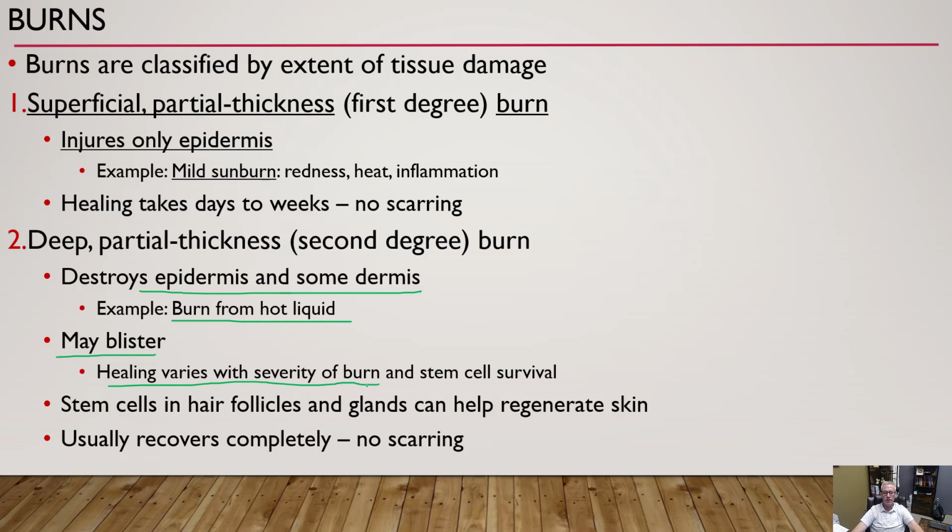Healing is going to vary depending on how severe the burn was and stem cell survival. So, what about that hair bulge, or the lunula or the nail bed matrix? Usually, you're going to recover completely without any scarring.